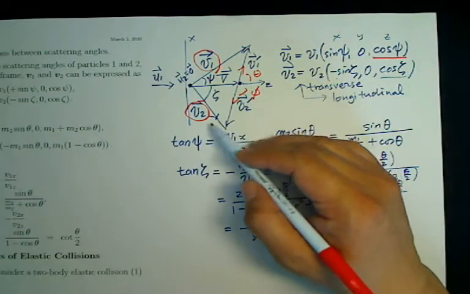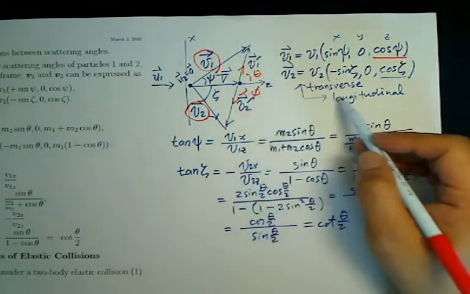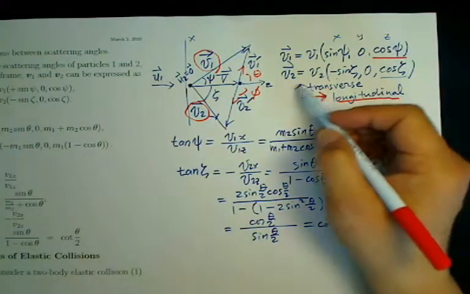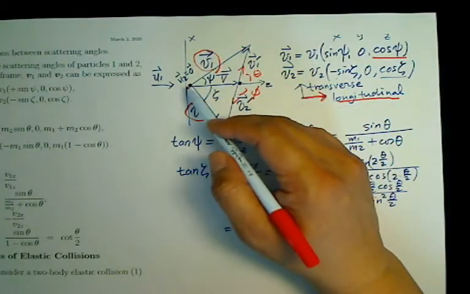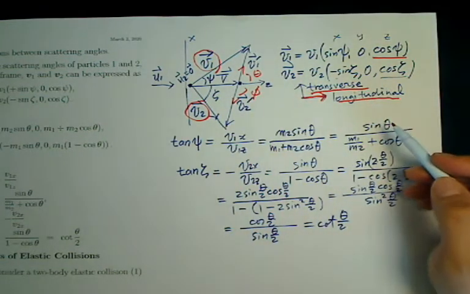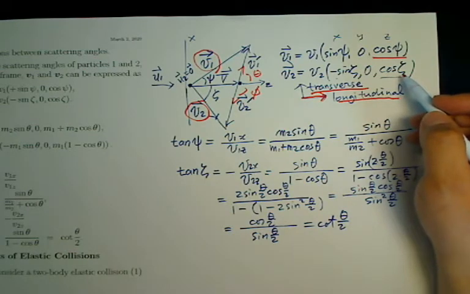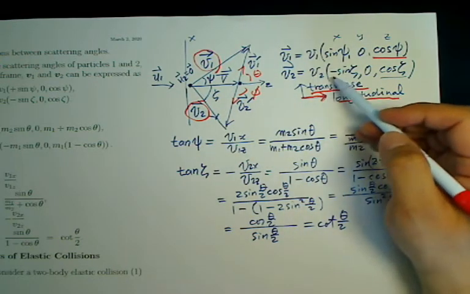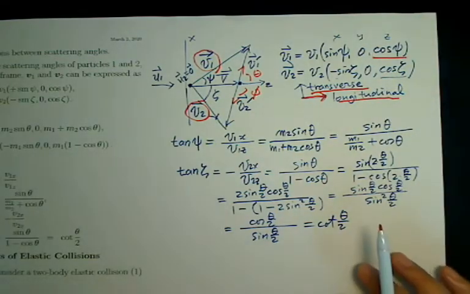In the case of v2, we have a longitudinal direction. The beam direction is called the longitudinal, and the perpendicular to the beam direction is called transverse. So we have v2 cosine zeta, and this is along the minus x-axis, so minus v2 sine zeta is there. Right.